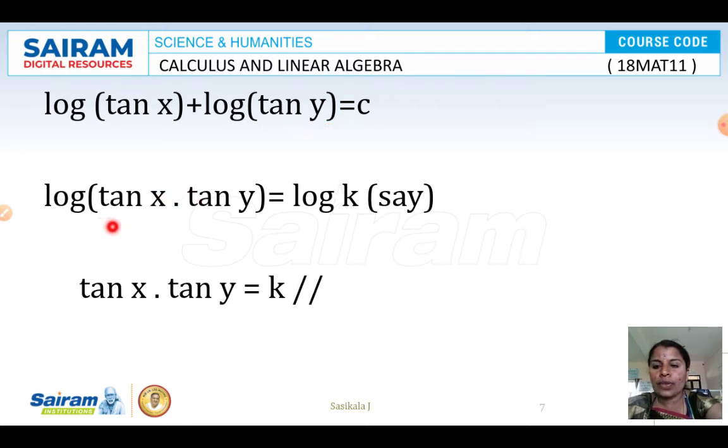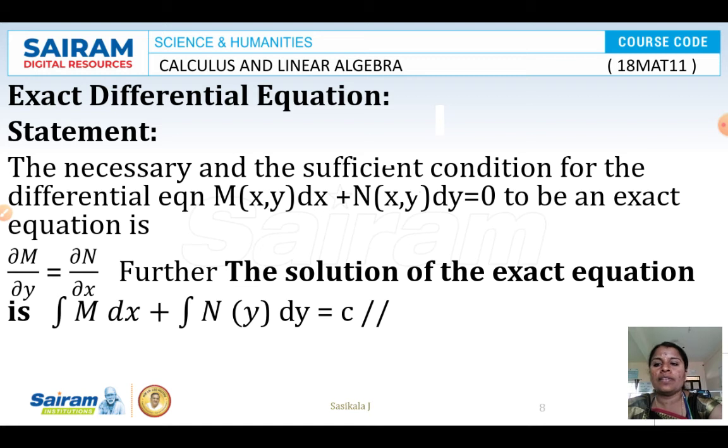Then log a plus log b is log of ab, so log of tan x into tan y equals log k. Because both sides can take a log, I write c as log k to make it a general equation. So tan x into tan y equals k. This is a simple example for the variable separable method.